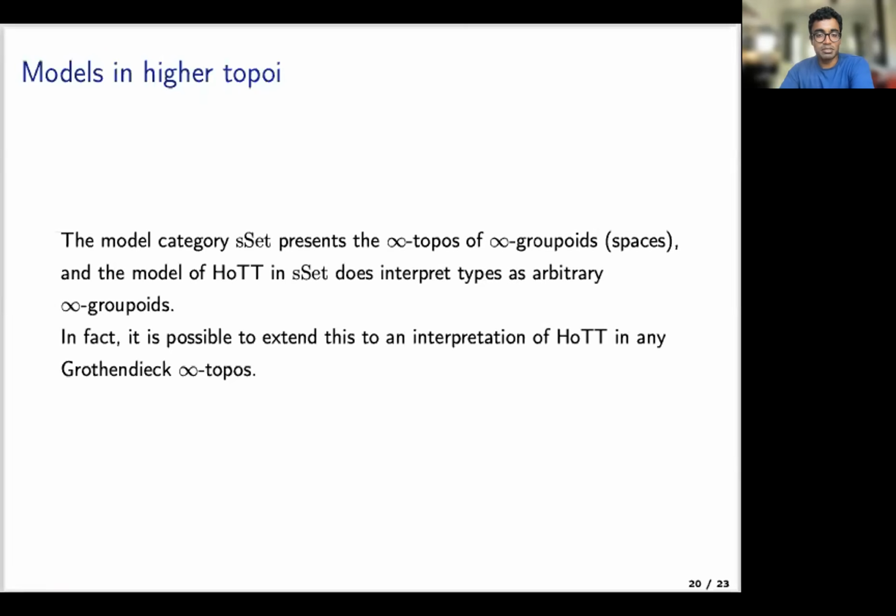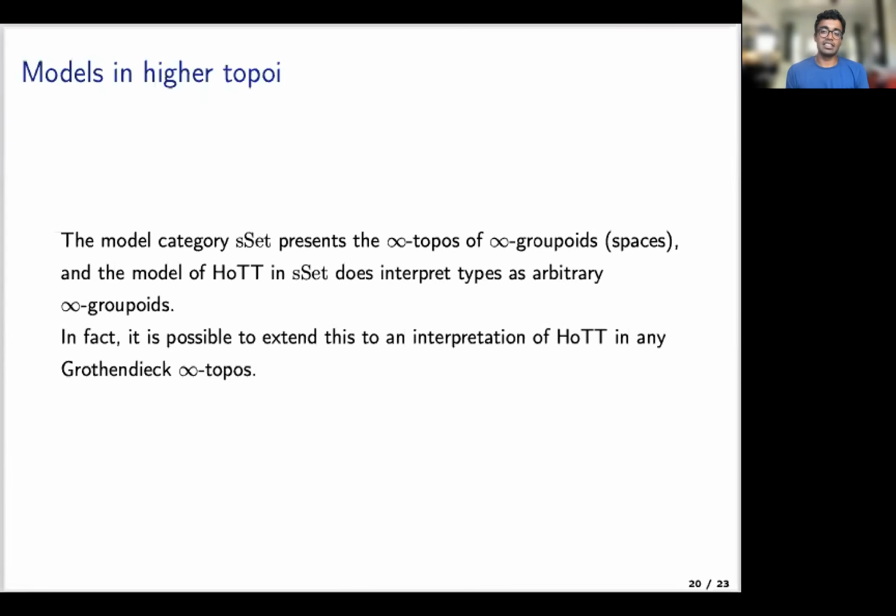The model category of simplicial sets presents an infinity topos. So what that means is that up to homotopy, when you consider the fibrant cofibrant objects of the category, and morphisms up to homotopy, so composition of morphisms up to coherent homotopy, this forms an infinity category.